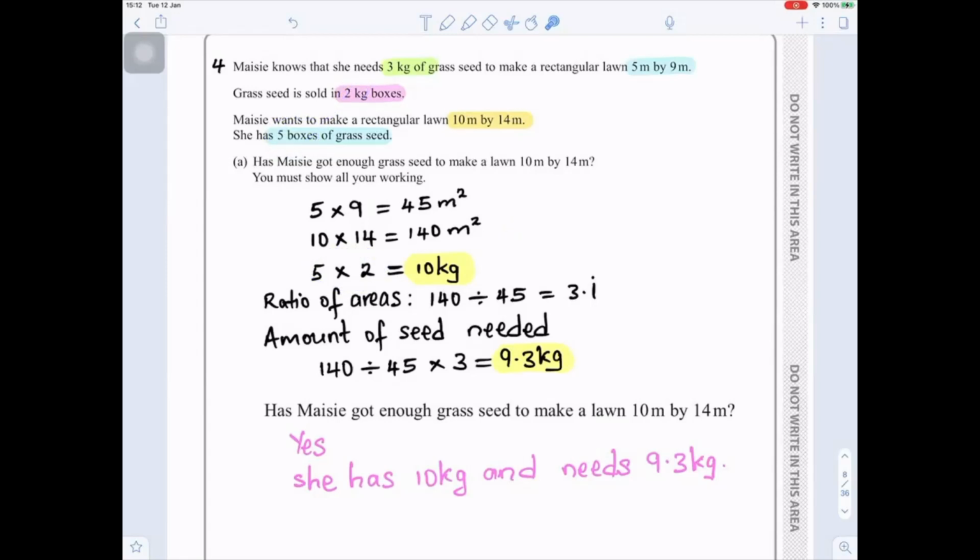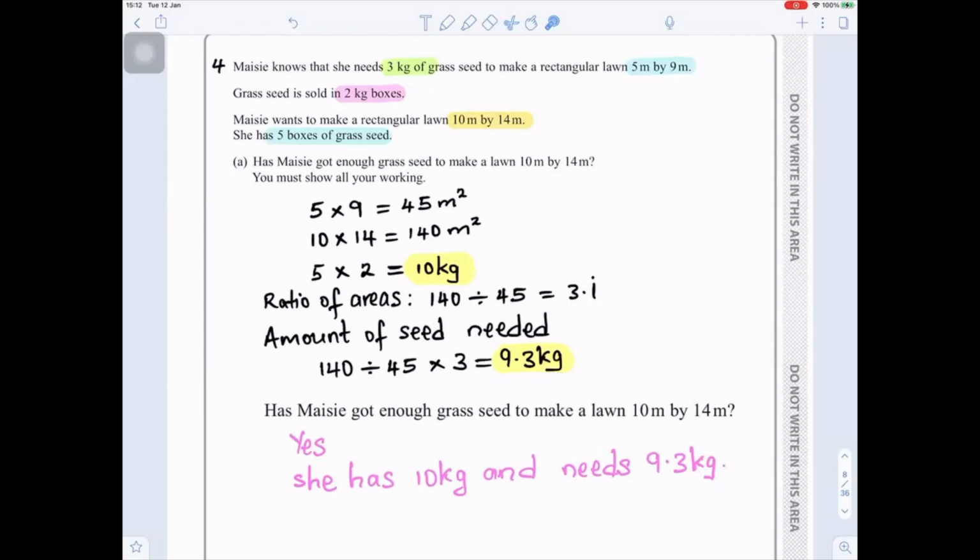So we want the ratio of areas. So 140 divided by 45 gives you 3.1 recurring. So the amount of seed needed is 140 divided by 45 times 3. It gives you 9.3 kilograms.